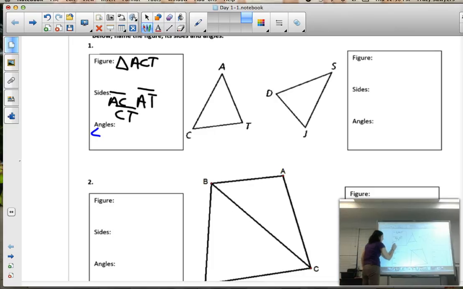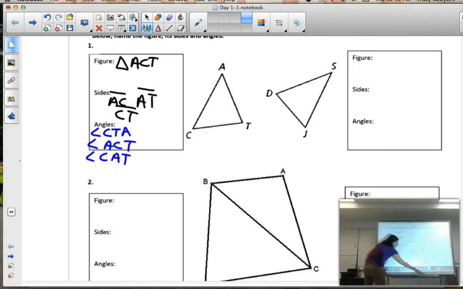Angle CTA. Good. What else? Angle ACT. What's the last one? Angle CAT.